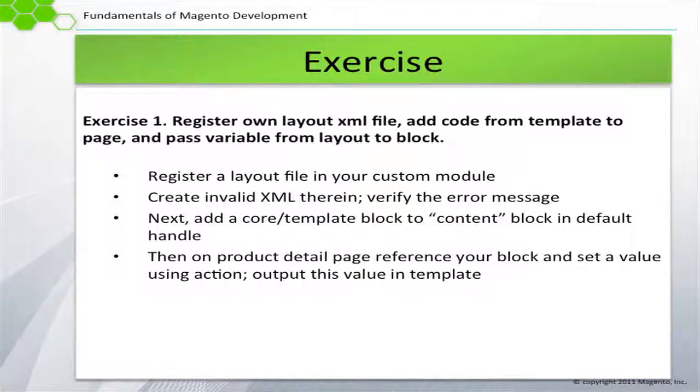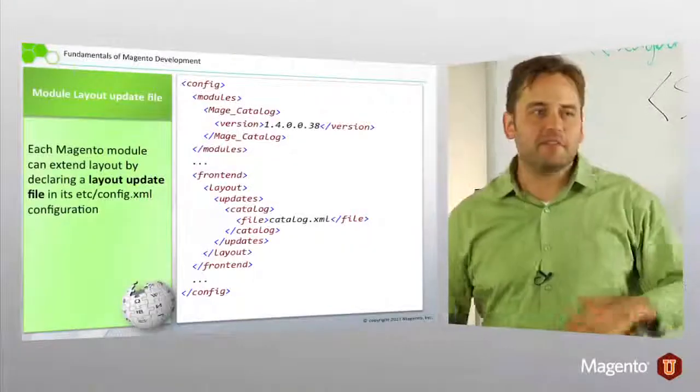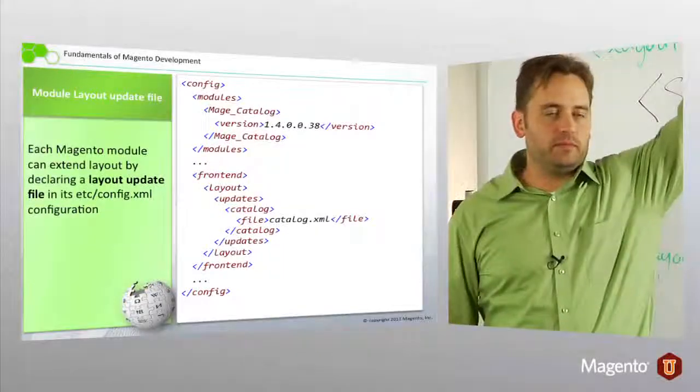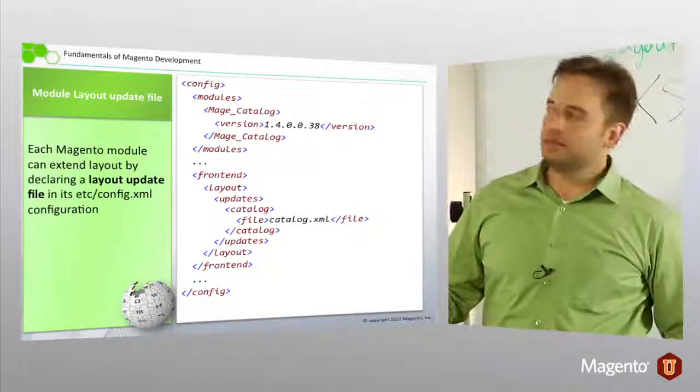Did I miss it? Here. Do this in your config file. That's what that means, register. We have to tell the system, hey, I have a layout file. And this is how we do it.